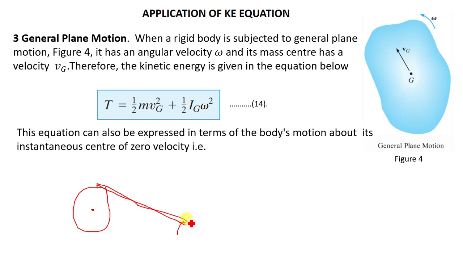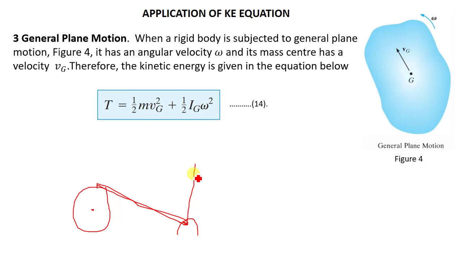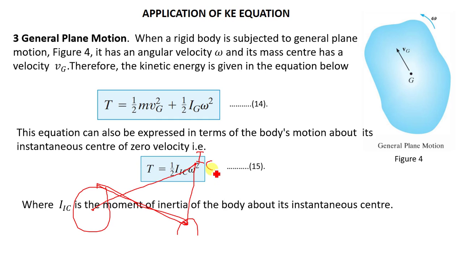So when you're finding the instantaneous center of zero velocity, you can simply do this, and then you also get that. Where they meet here is the point that you are going to call IC. That point is a point where the velocity is considered to be zero at an instant. So you can express this equation in this format as well.